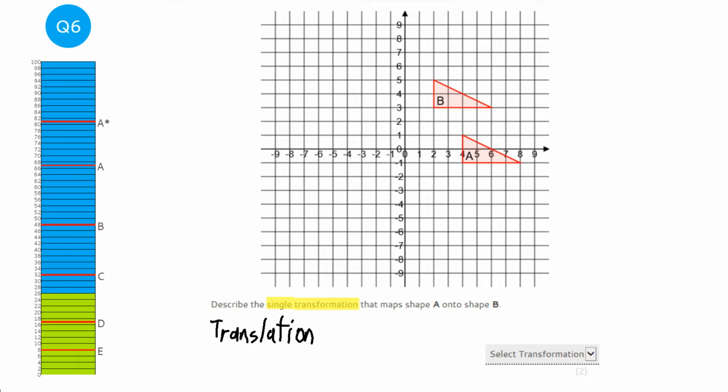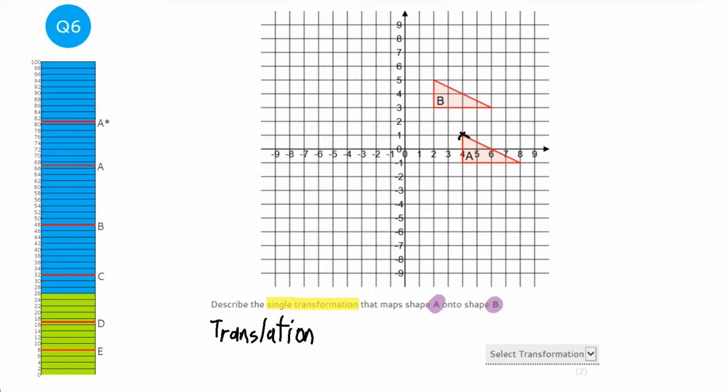Now to get the second mark, you've got to figure out how it's translated. So always make sure that you know what letter you're starting at. And here it says we're starting at A and we're going to B. So pick a point on A. I always pick the top point, but it doesn't matter.